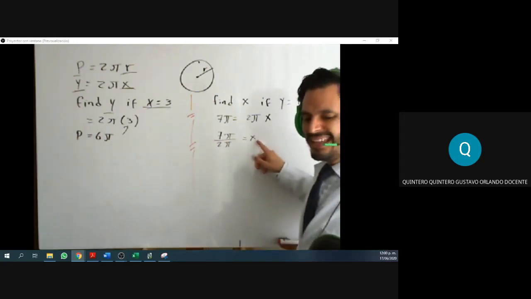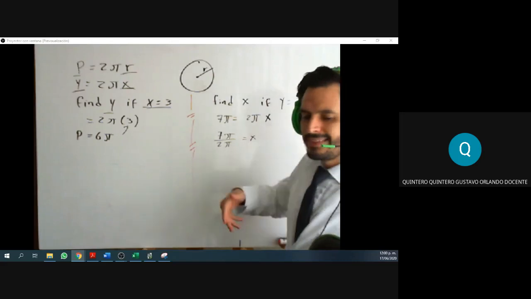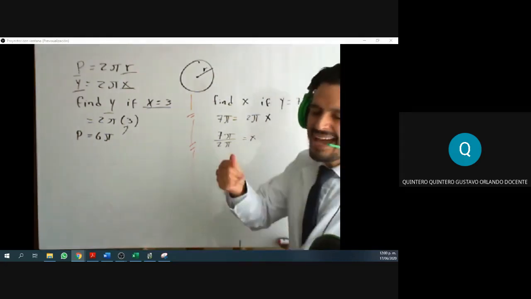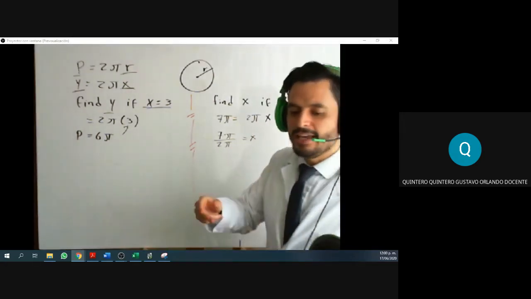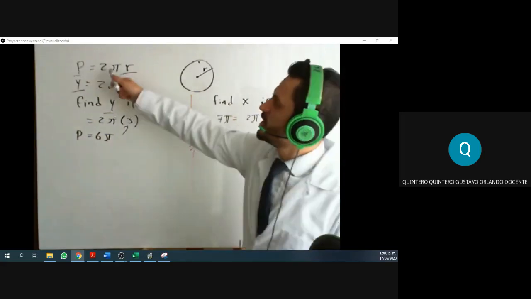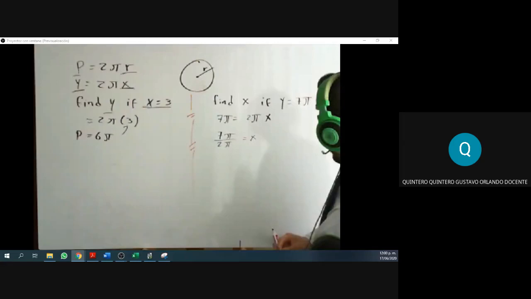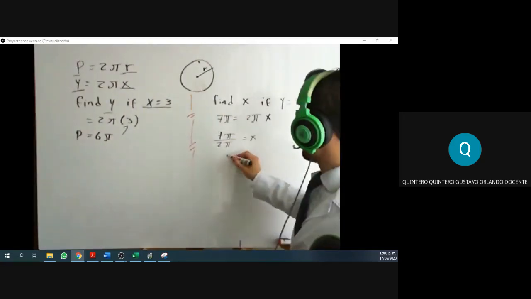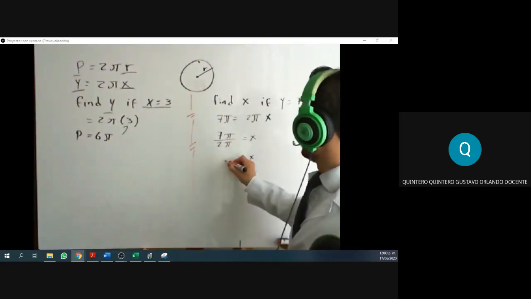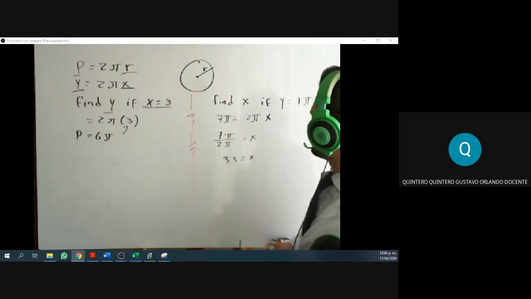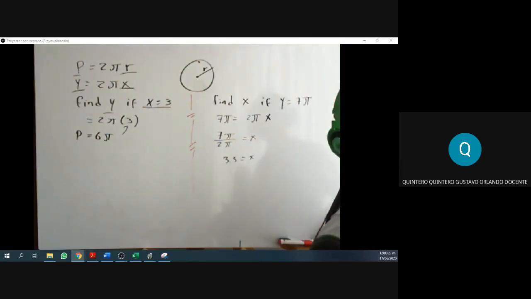The independent variable became the dependent one. That is the idea behind an inverse function: to change the dependent for the independent. All right. In this case, real quick, x will be 3.5. This is pretty simple.